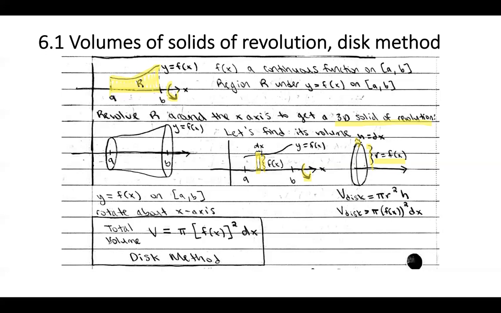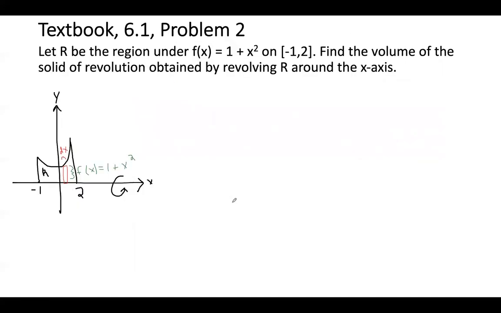So here's our total volume equation, and this is the volume of a disk, so the disk method. To find the volume of our region R for the solid of revolution, we would just take the integral on our bounds a to b. So this is all to find the volume of a solid of revolution, and this is what we call the disk method. So now that we went over the concept, let's go through a practice problem.